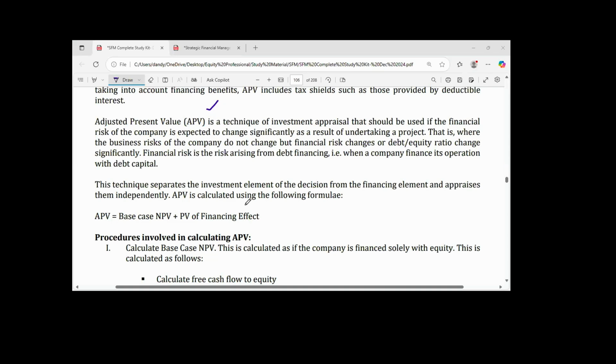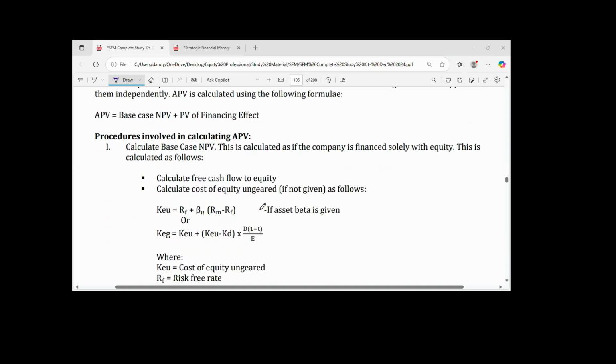Each step has its own sub procedures that you are going to carry out. So how do you compute base case NPV? How do you compute present value of financing effect cash flow? How do you compute APV? Each of them has its own underlying procedures.